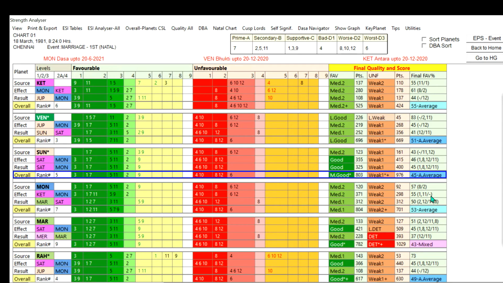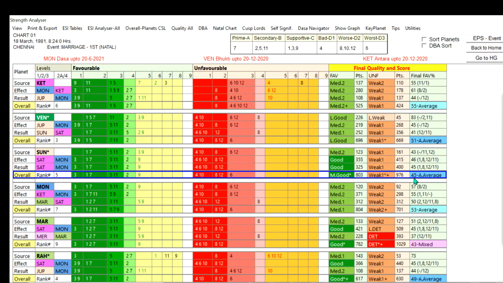There are a lot of varieties of final qualities present. So that will give some idea that a particular planet is an above average planet for the particular event, but only 45%. It is not even above 50%. It means that the Sun planet is having above average only, but not very strong, because only 45%.